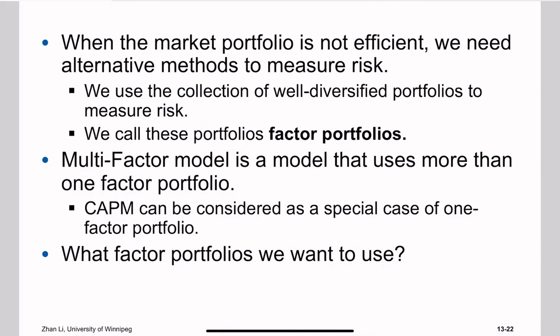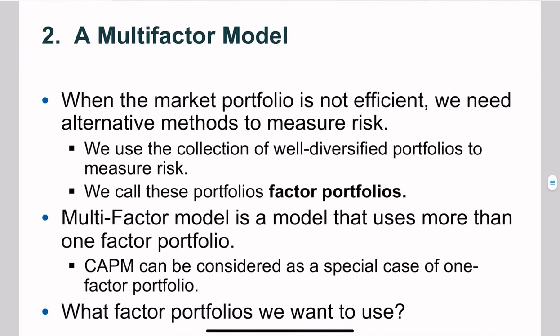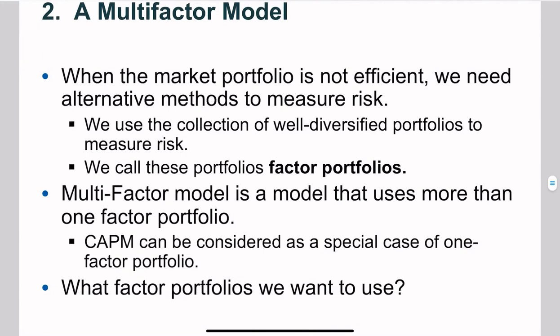So why is this model called a multiple factor model? Well, because it is a model which uses multiple factor portfolios to measure risk. If you think about CAPM, it's actually a special case of a multiple factor model, right?